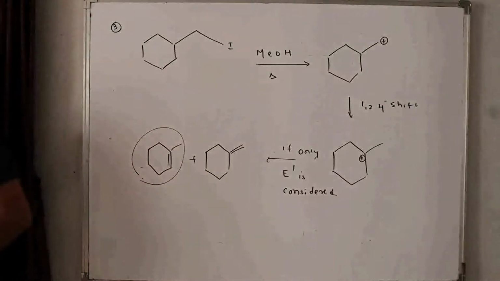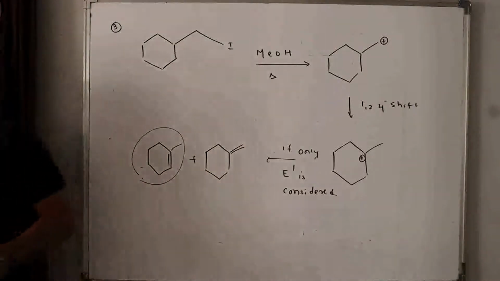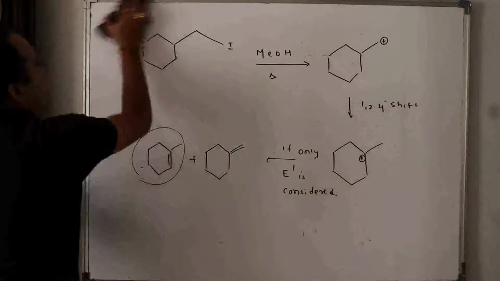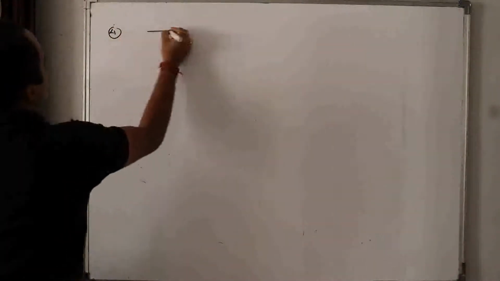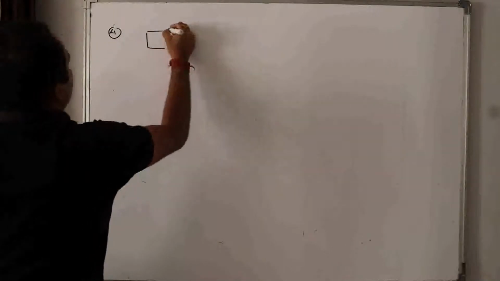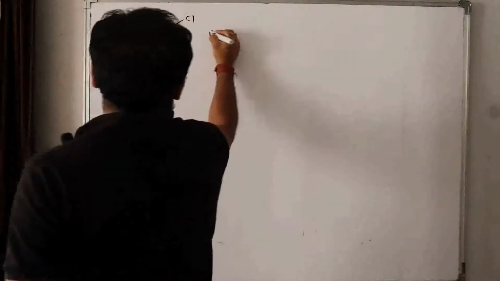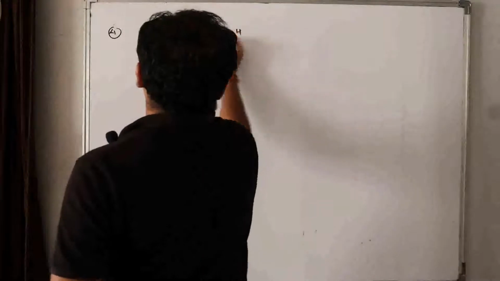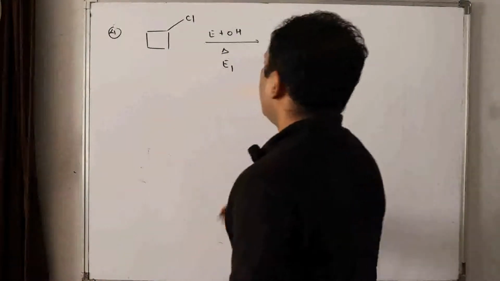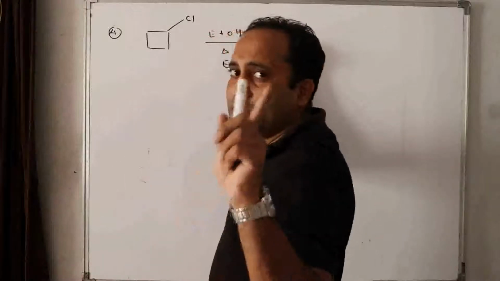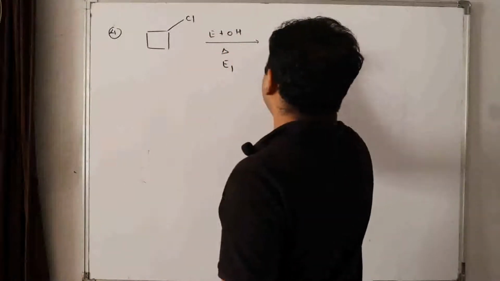Easy. Now next, one more question. Fourth question. Chlorine, EtOH heated. Only E1 will be considered. SN1 is there, but I will only do E1. So what will happen in this case?